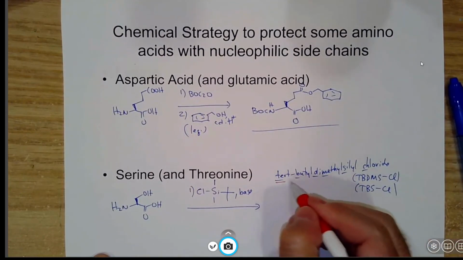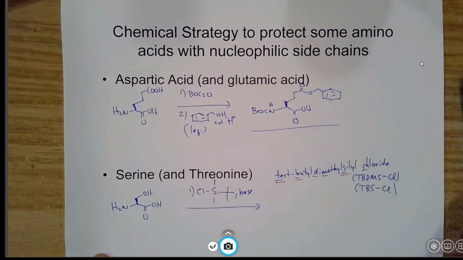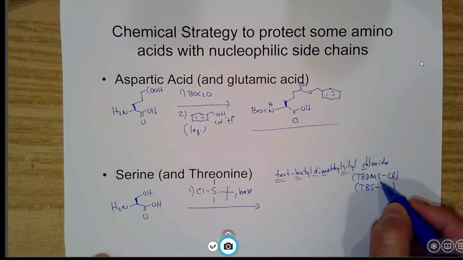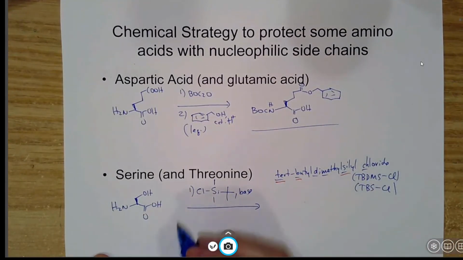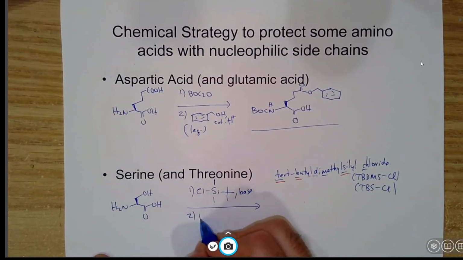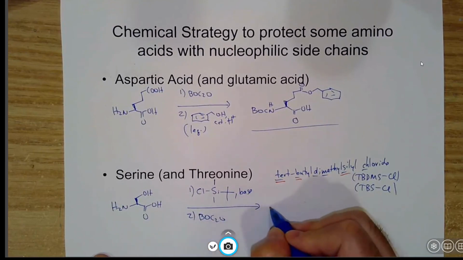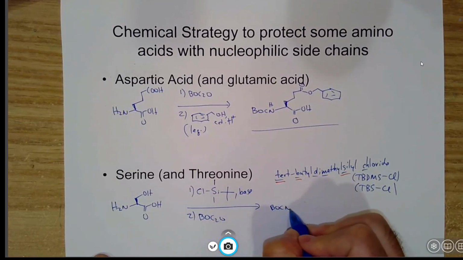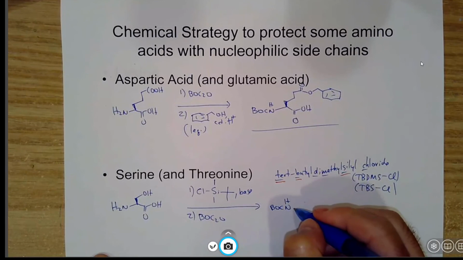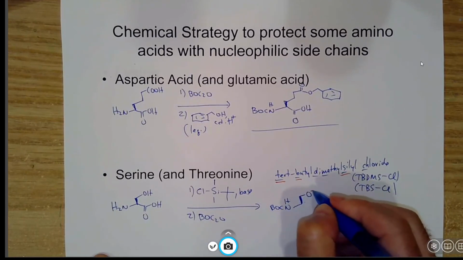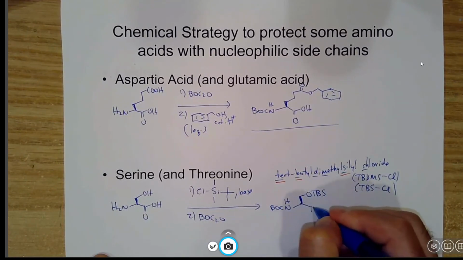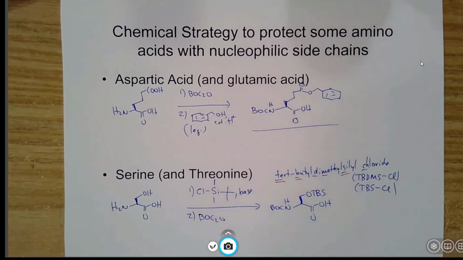I guess people got sick of writing all these letters, so TBS chloride is also another widely accepted name. So you can protect that alcohol group with TBS and then protect the amine with Boc anhydride. And you now have Boc.